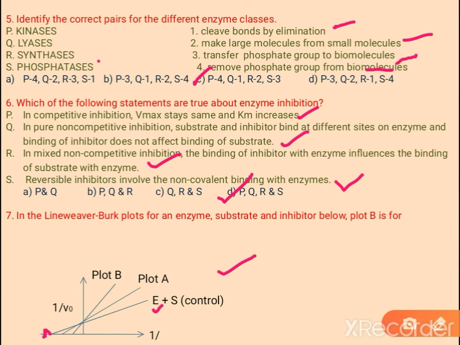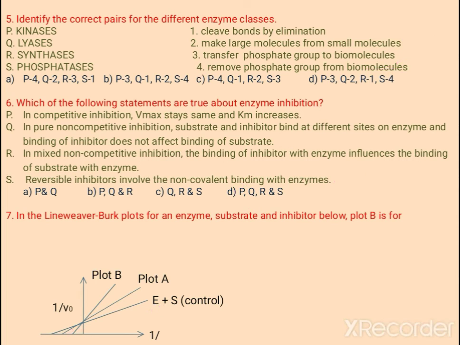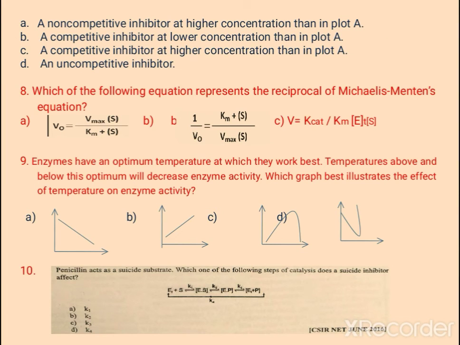And for the plot A, the Km value is here, and the plot B, the Km value is here. Okay. So the right option is... Option A is a non-competitive inhibitor at higher concentration than in plot A. This is not a non-competitive inhibition, it is a competitive inhibition. So the option A is wrong.